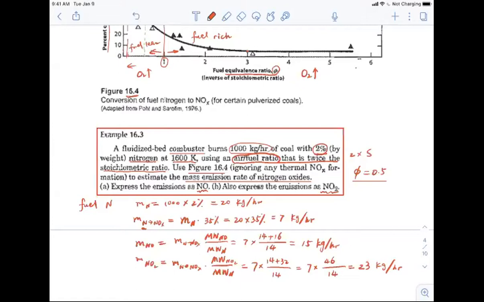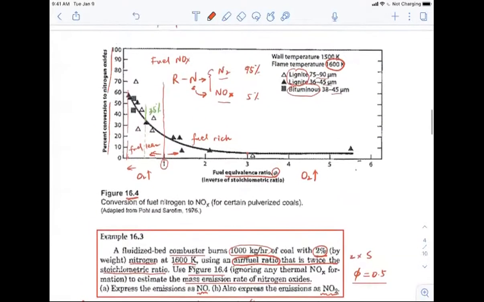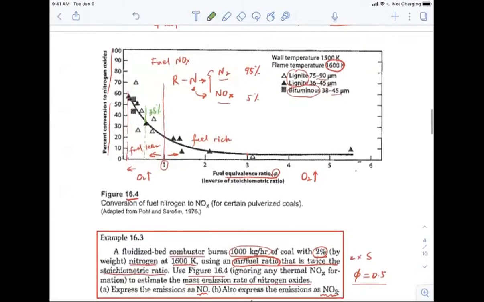Okay, so if no, yes. Where did you find the 35%? Yeah, the 35% is here. We were saying that we're burning the coal at an equivalence ratio of 0.5. Does that make sense? We were providing twice the oxygen, twice the air.